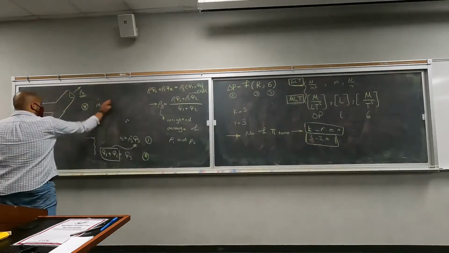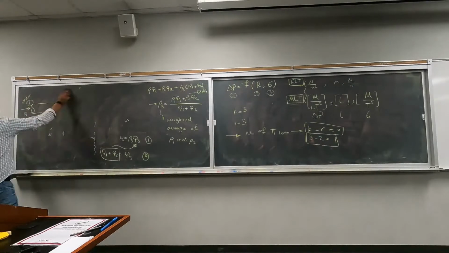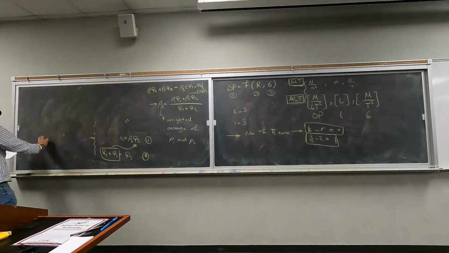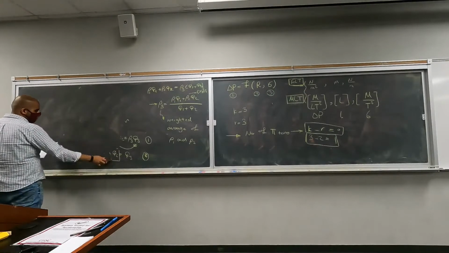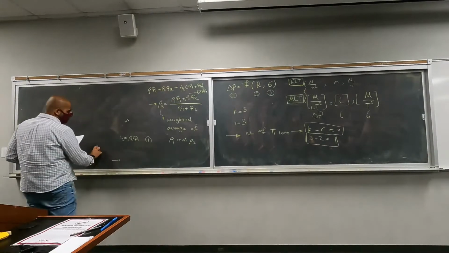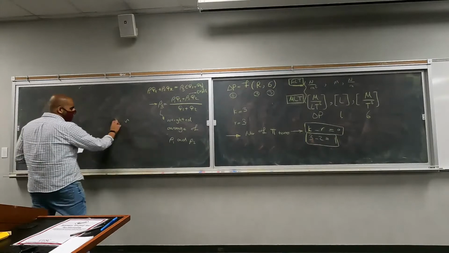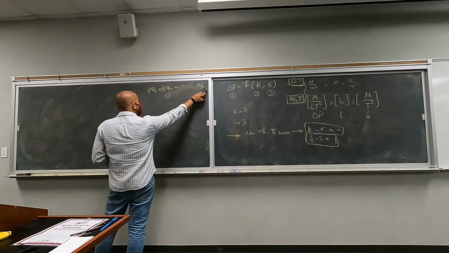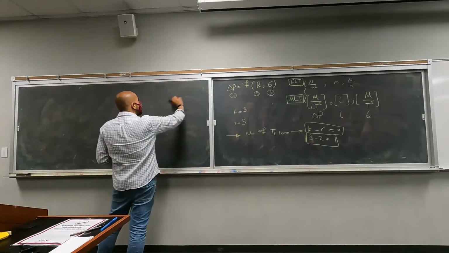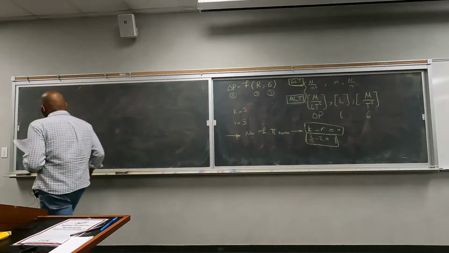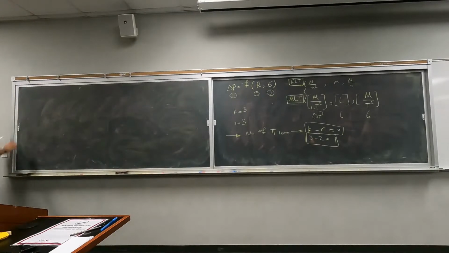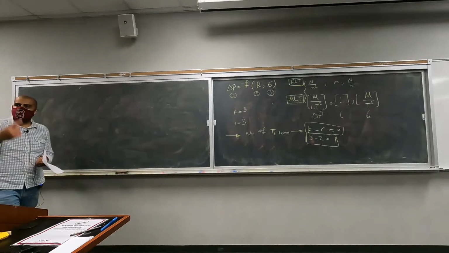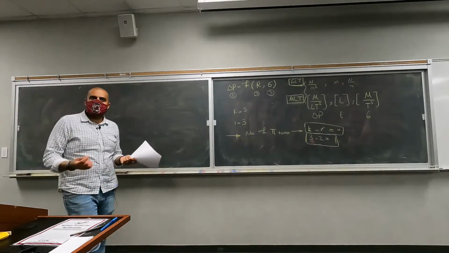Okay, what is the next step? We know we have one dimensionless parameter, and we want to find it. The dimensionless parameter is going to help us do the dimensional analysis. The next step was to choose the repeating and non-repeating parameters, but here we only have one pi term, so that doesn't really make sense.